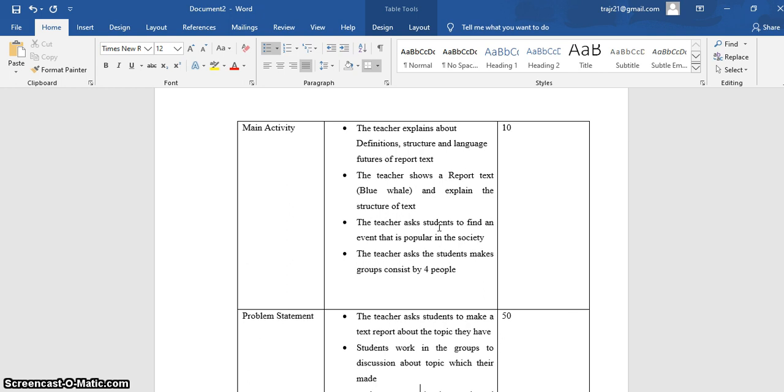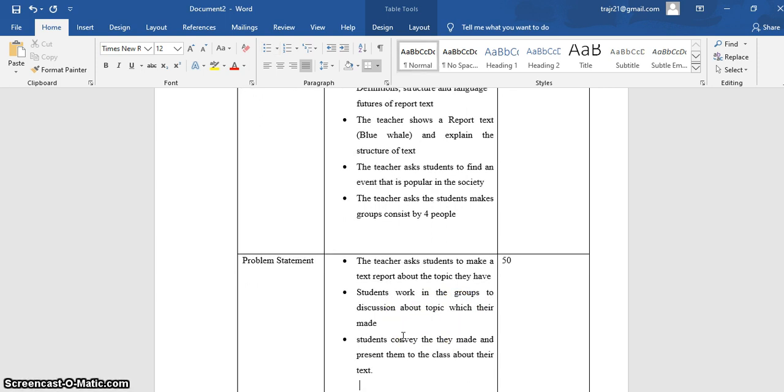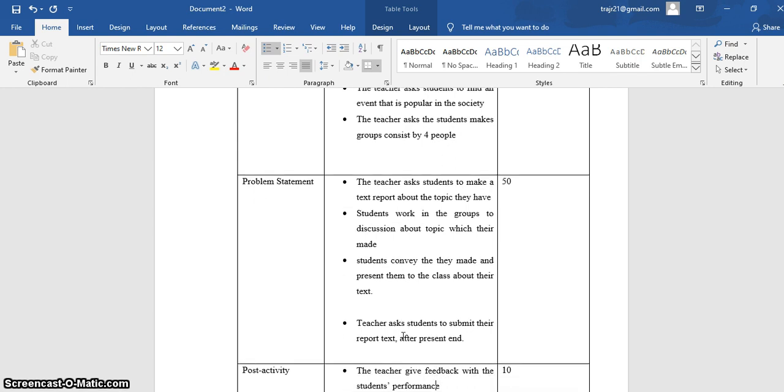And then the teacher asks students to make a report text about the topic they have, and then students work in the group to discuss the topic with their mates, and present it to the class about their text. And the last activity is the teacher asks students to submit their report text after presenting.